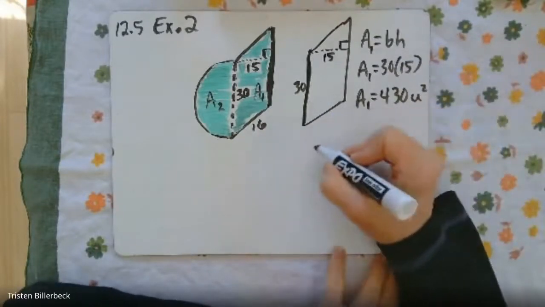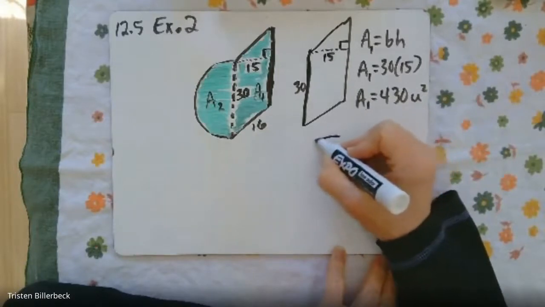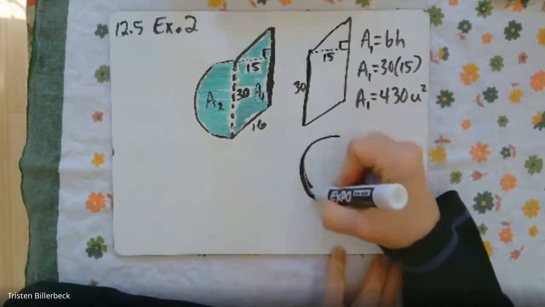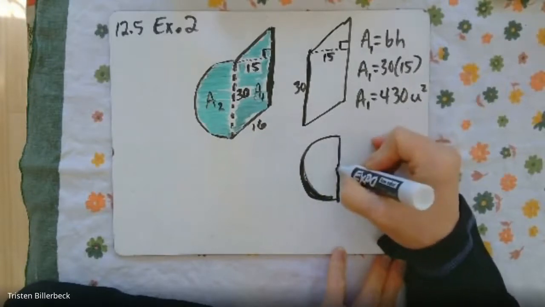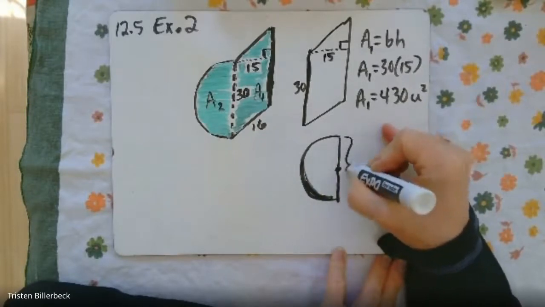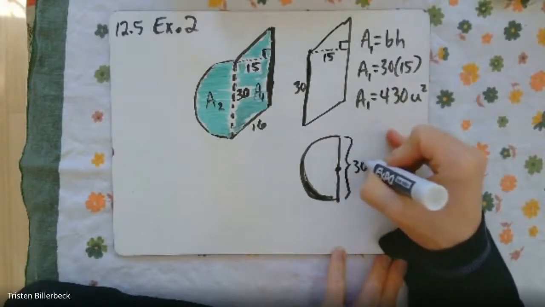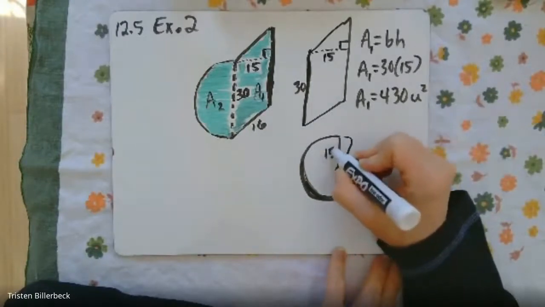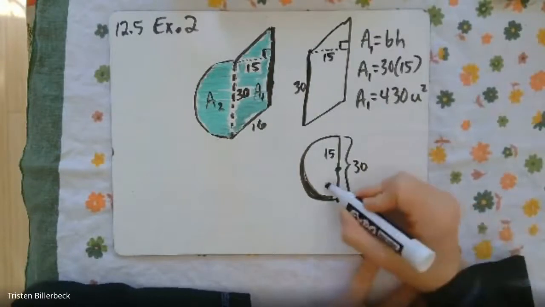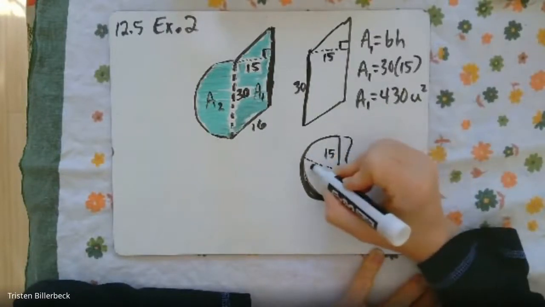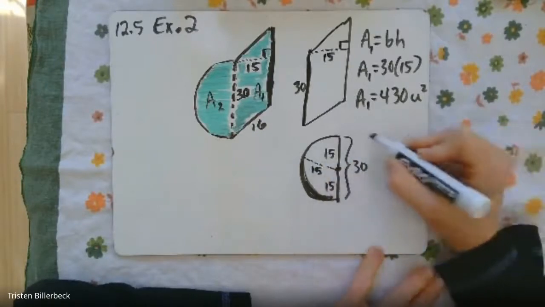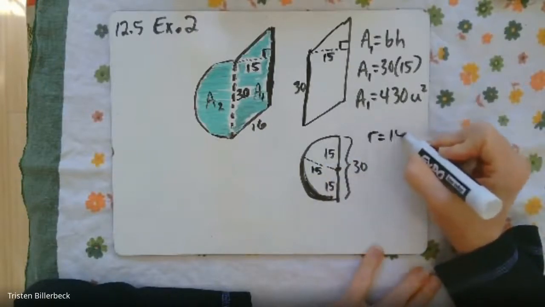A2 is a semicircle. And this distance right here is 30. So that means the radius is 15. And this is 15. And this is 15. So our radius is 15.